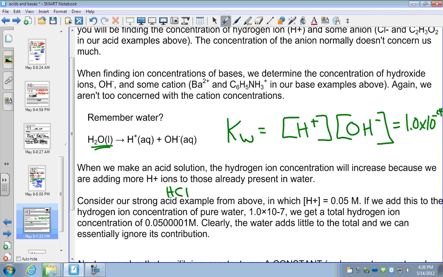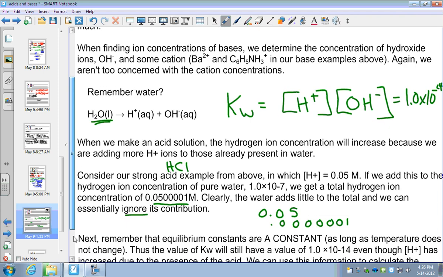So what they did is they said, well, what is 0.05 plus 1.0 times 10 to the negative 7? Well, that's 1, 2, 3, 4, 5, 6, 7. And they added those together, and this is what they got. Okay, clearly water adds little to the total and we can essentially ignore it.